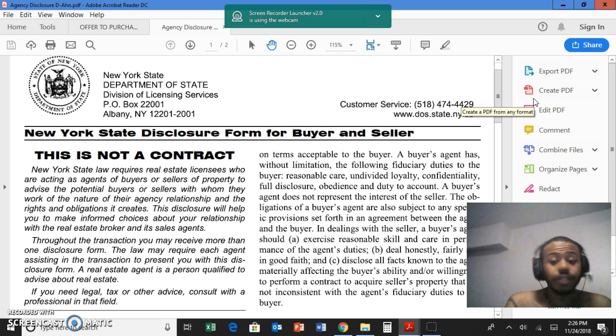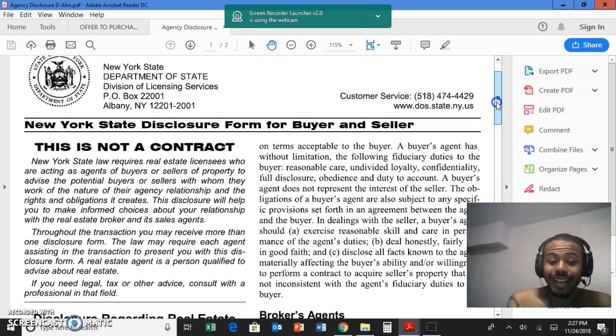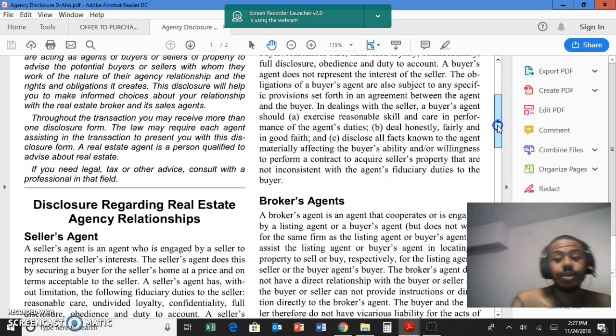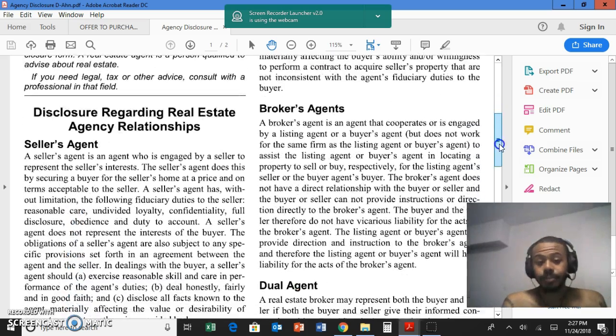In dealings with the seller, a buyer's agent should: A. exercise reasonable skill and care in performance of the agent's duties, B. deal honestly, fairly, and in good faith, and C. disclose all facts known to the agent materially affecting the buyer's ability and or willingness to perform a contract to acquire the seller's property, that are not inconsistent with the agent's fiduciary duties to the buyer.